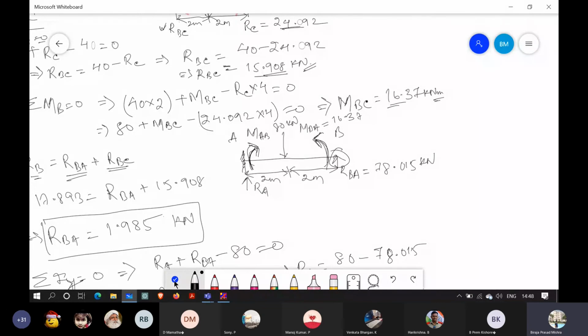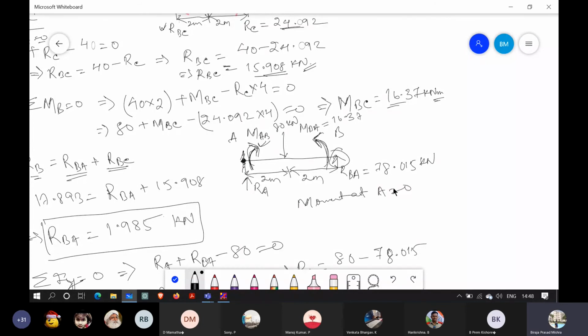If I take the moment across the point A as 0, then I can find out MAB.